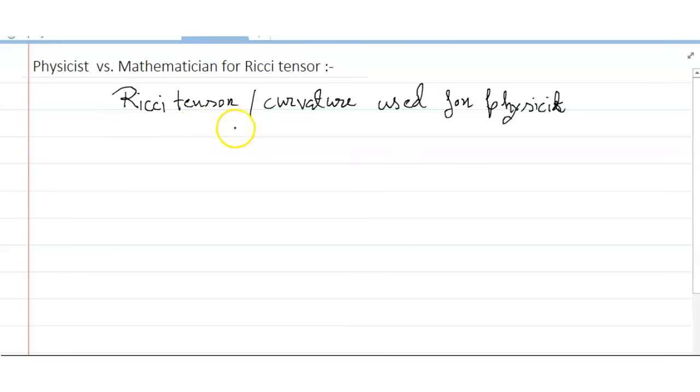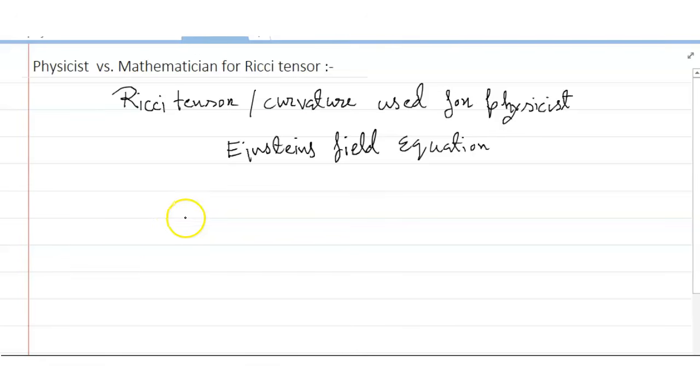Today I want to discuss the Einstein field equations. So friends, you have to learn this, the first equation.